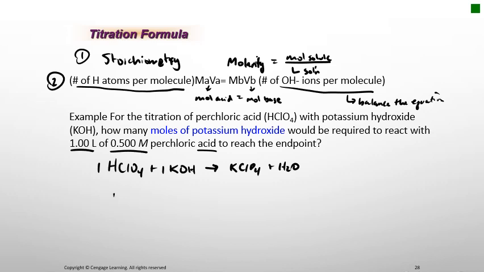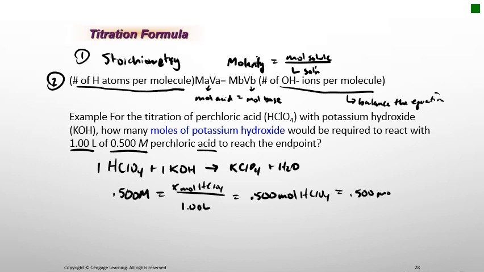So I can simply take the 0.500 molar equals X moles of the HClO4 over 1.00 liters. So that would give me 0.500 moles of the HClO4, which means I would have 0.500 moles of the KOH.